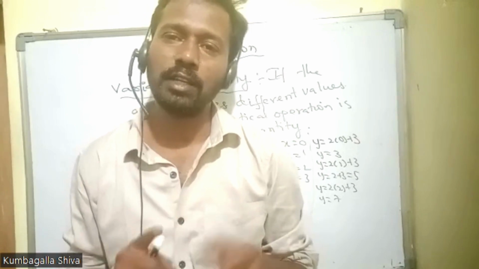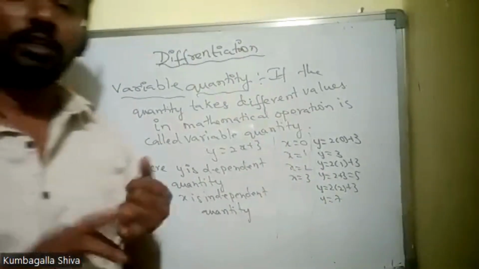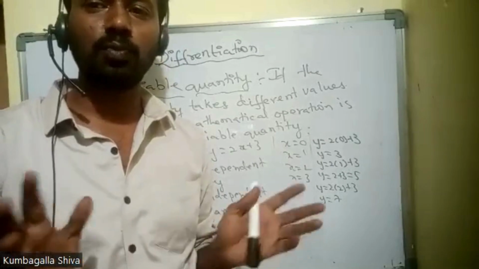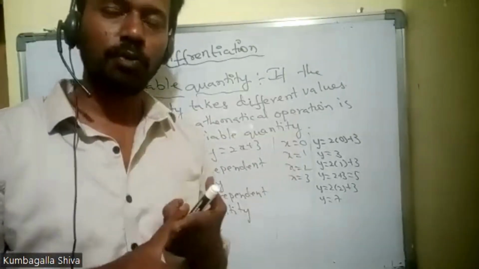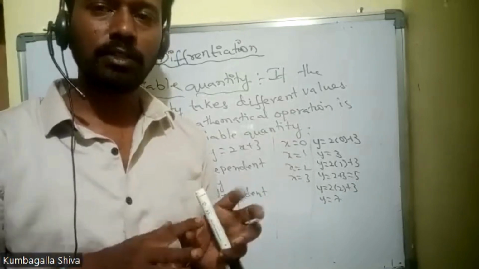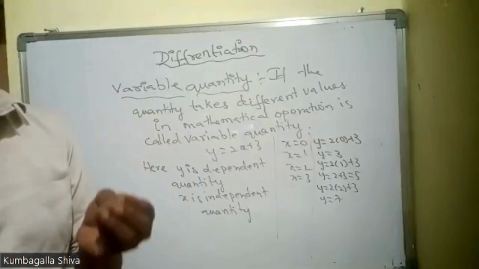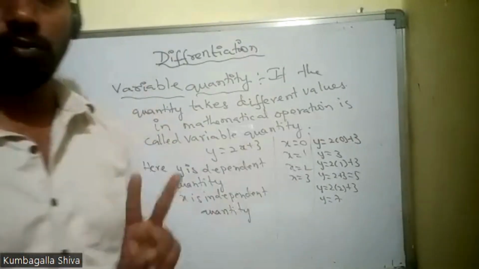Then constant quantity, just the numbers, integers, -1, -2, -3, or any logarithm functions or exponential functions or whole numbers, whatever you take, we say it is a constant quantity. Are we clear with both definitions?